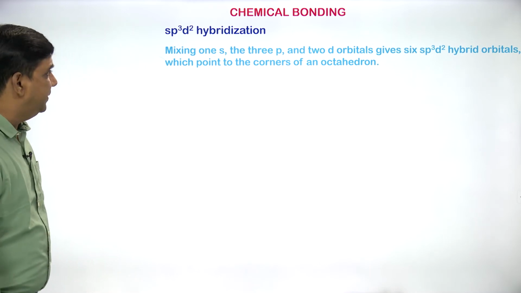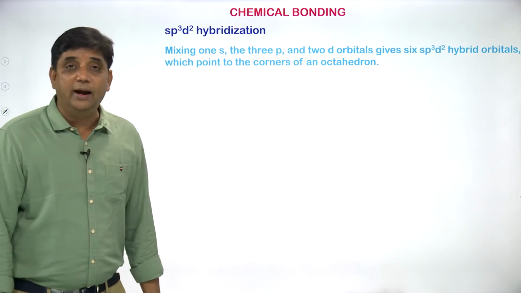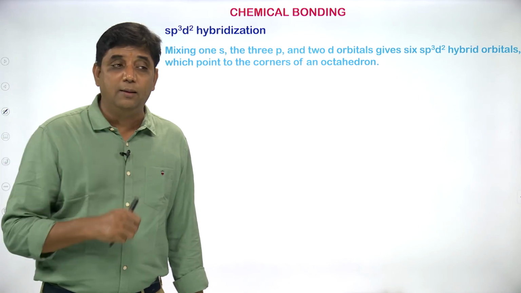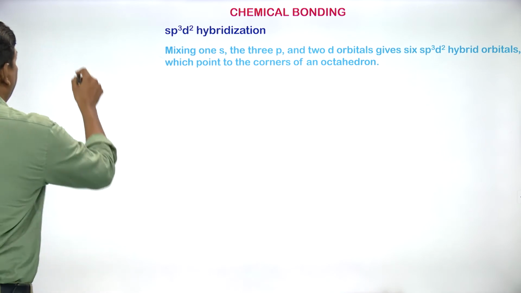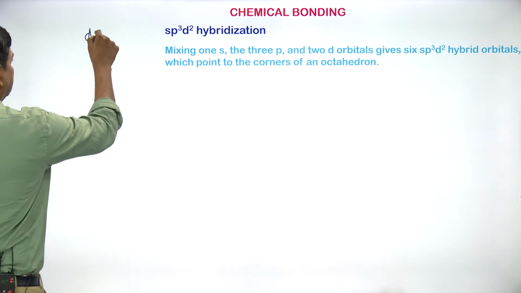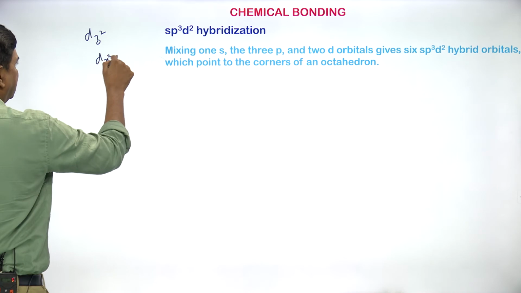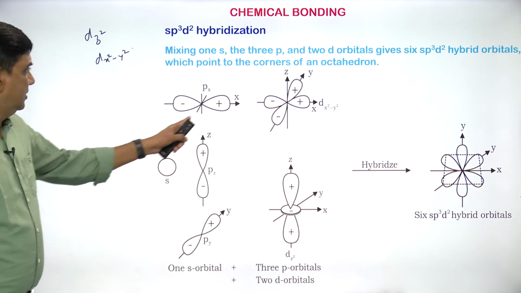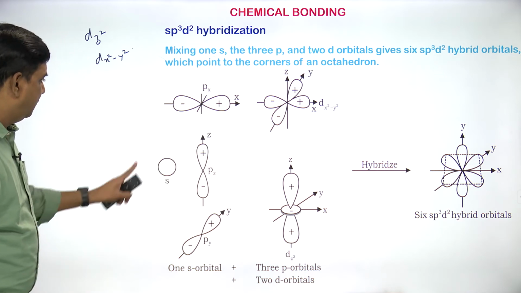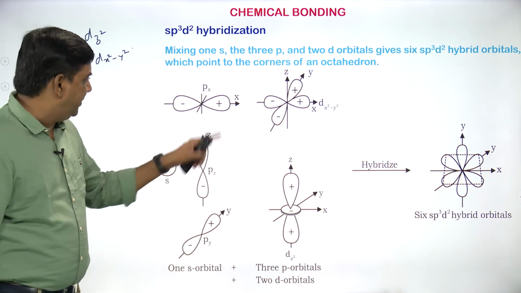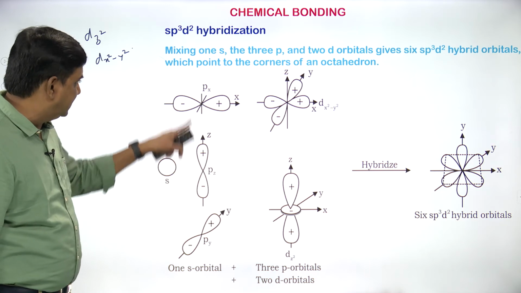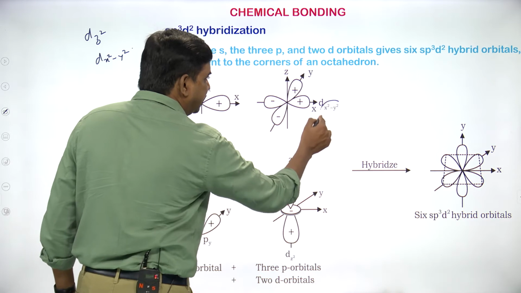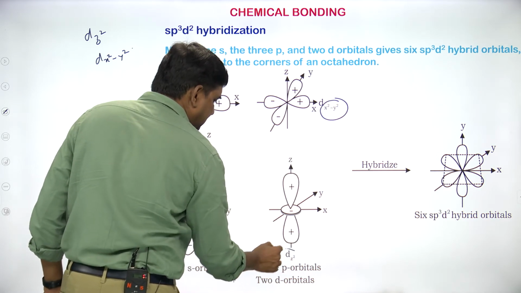sp3d2 hybridization: mixing of 1s, 3p and 2d orbitals. The 2 d orbitals that participate in the hybridization are dz square and dx square minus y square. You remember, 1 s and 3 p orbitals, px, py, pz, these are 3 orbitals, and the 2 d orbitals, as I told you, are dx square minus y square and dz square.